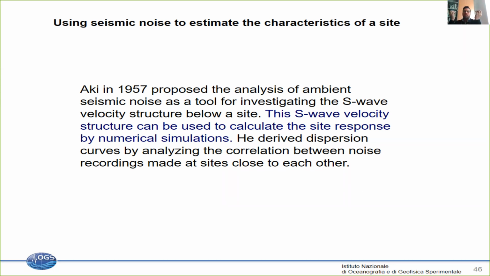What is the assumption that we are making? The assumption is simply that below the array, the structure is mainly 1D, so there is no significant lateral heterogeneity, no lateral change of velocity below the array.